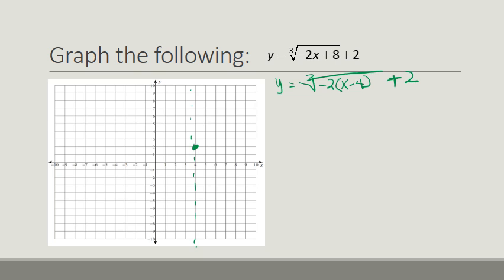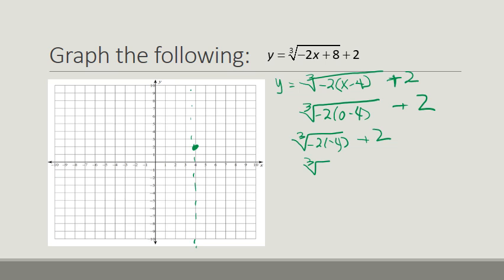So now I might pick things that are going to give me perfect cubes. Okay. If I let x be 0, I'm going to get the cube root of negative 2 times negative 4 plus 2, which is going to give me the cube root of 8 plus 2, or 2 plus 2, which is 4.